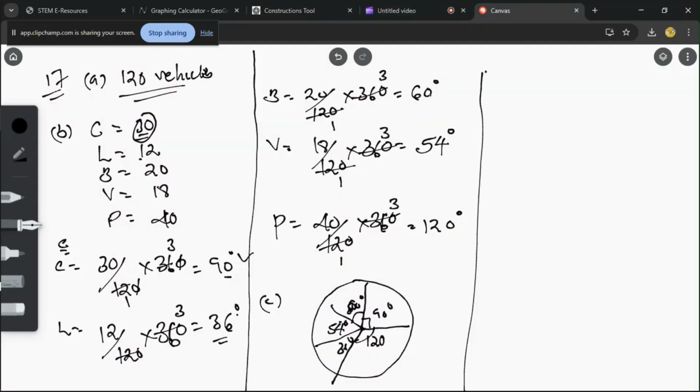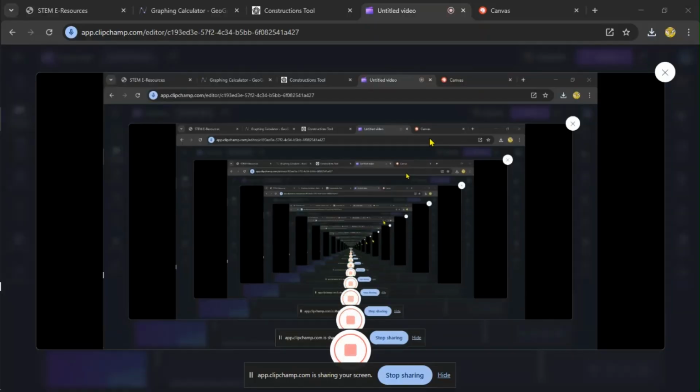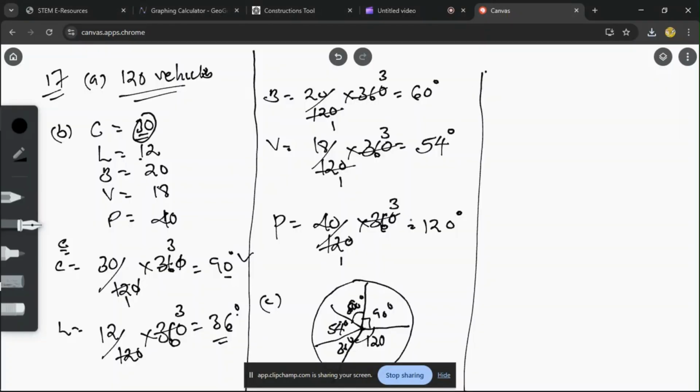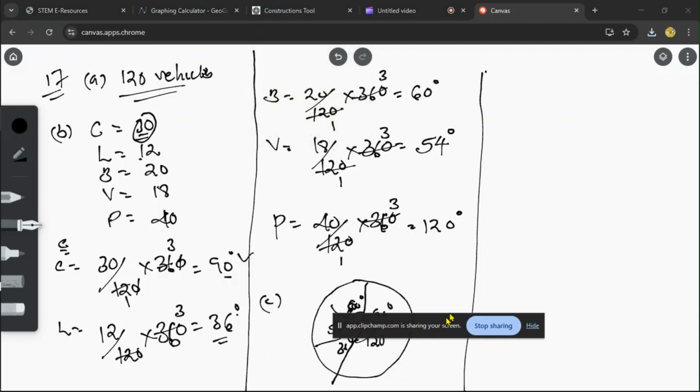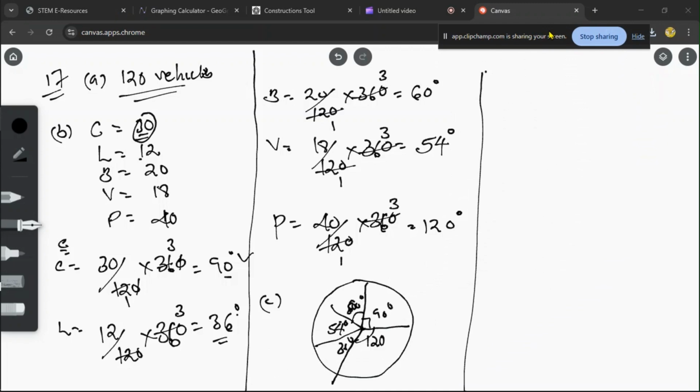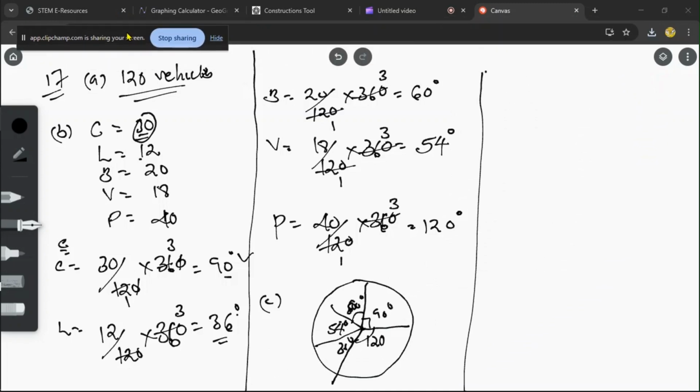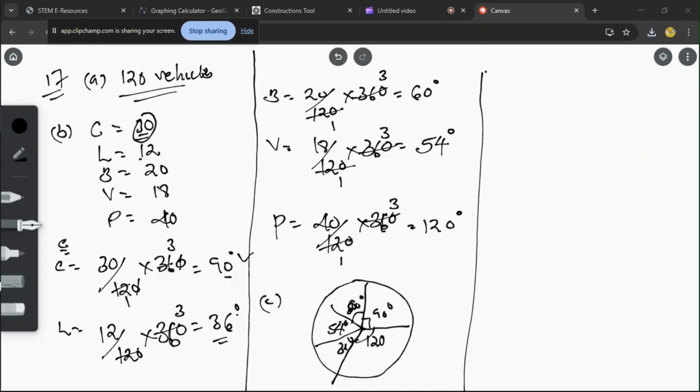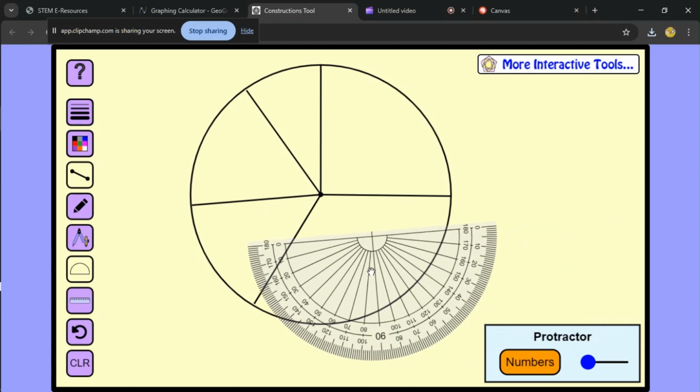Then the next one, 54. Then you have 120. Right. The other angle is 120. So I'll come here and put 100 and let me take that one of the corners here. 120. The remaining angle automatically becomes 120, but I can also confirm that.